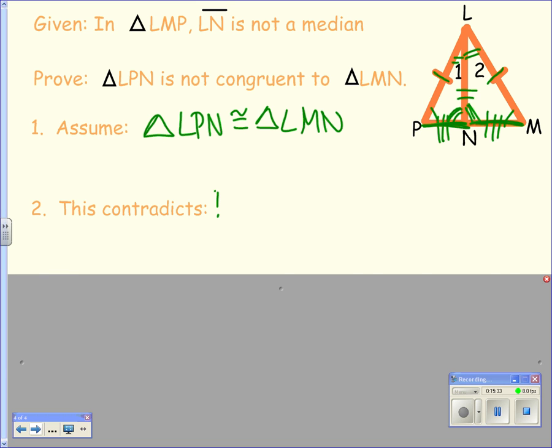Okay, so by CPCTC, corresponding parts of congruent triangles are congruent. Does that make sense? By CPCTC, if the triangles are congruent, that would be true, right?